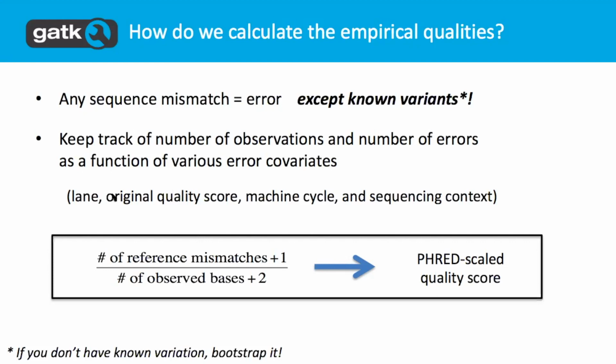And where the somatic aspect comes in is that when we're masking out known variation with dbSNP, for example, we can't mask out variants that have not been reported previously. So even in germline samples, my sequence will have some variants that are not known to dbSNP and will therefore not be masked.